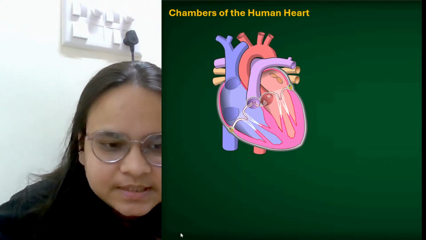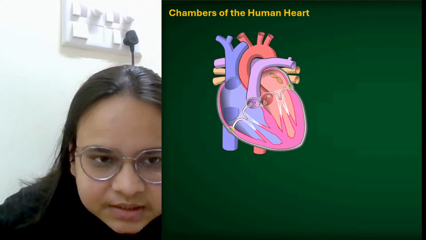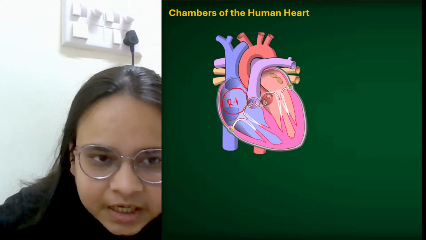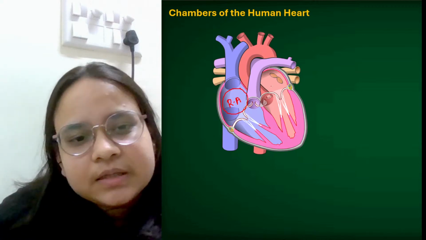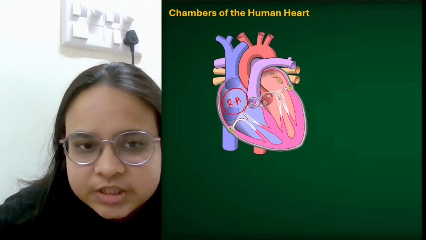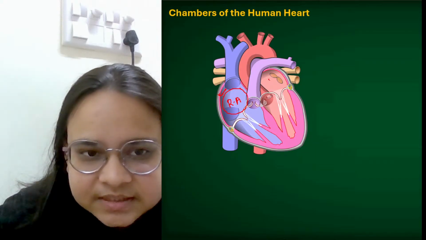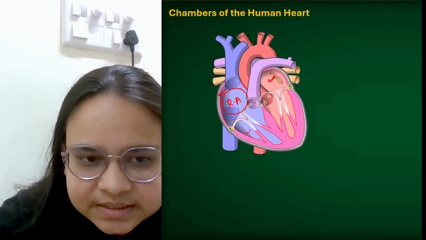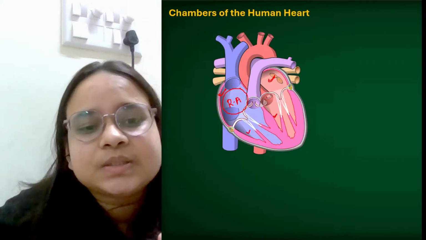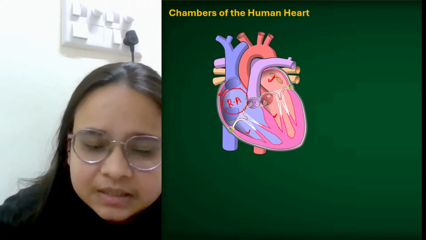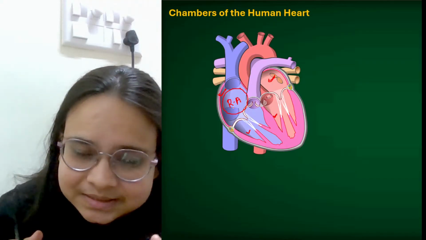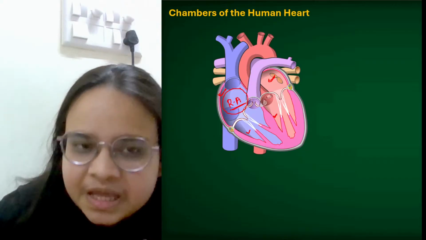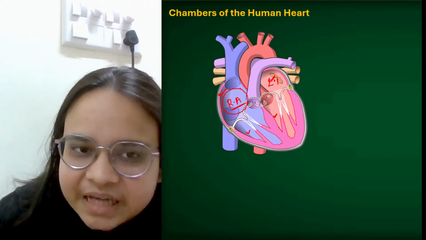Let's label them. This particular region is called the right atrium. The upper two chambers are called atria, and the lower two chambers are called ventricles. Specifying its side, I would call this the right atrium and this the left atrium.